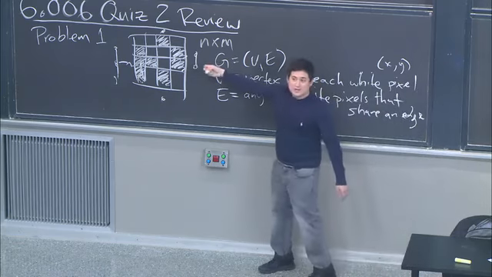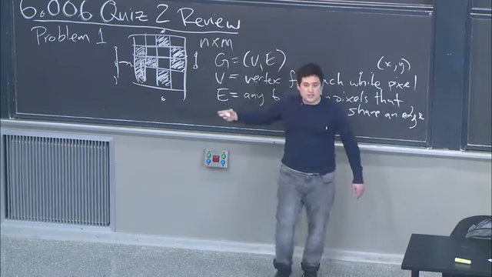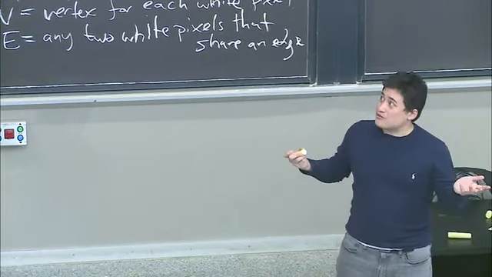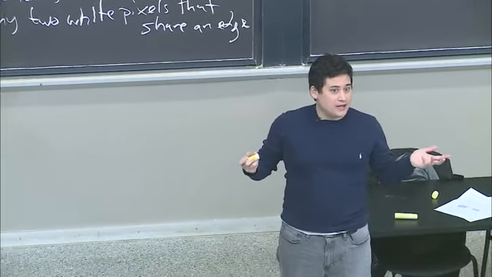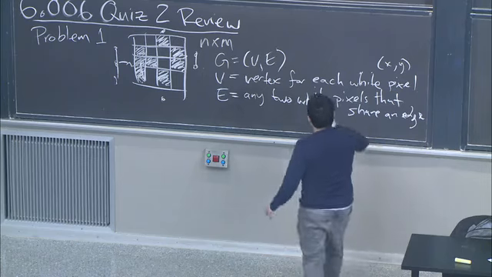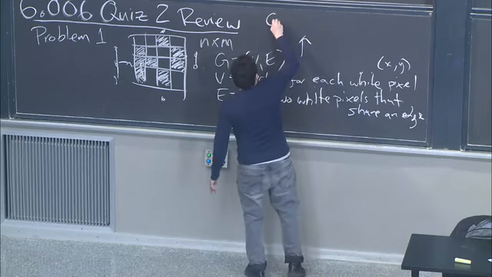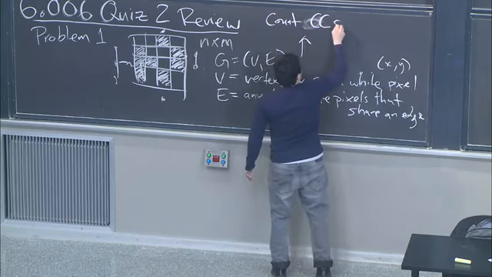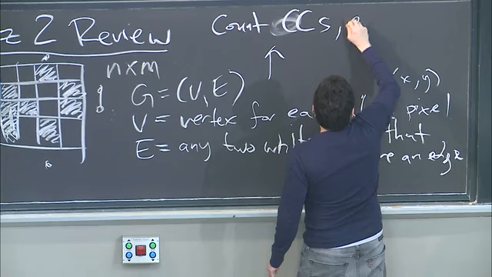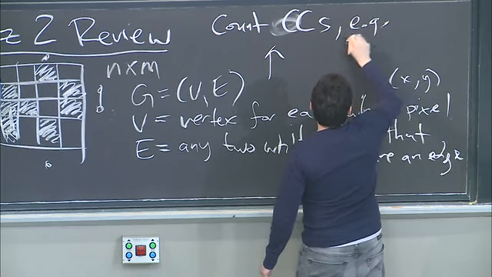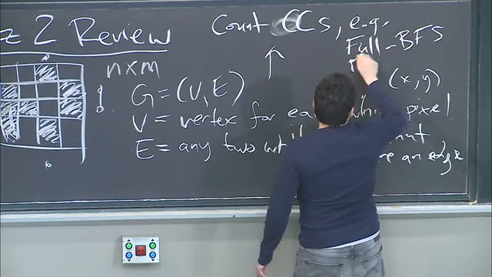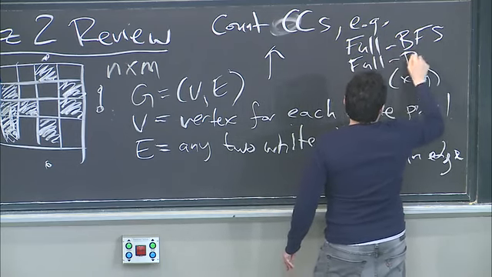And then we can run full BFS or full DFS. We've identified a graph. We've identified that we want to count the number of connected components in my graph. So the idea, right? Count connected components. And then, for example, using full BFS or full DFS, right?